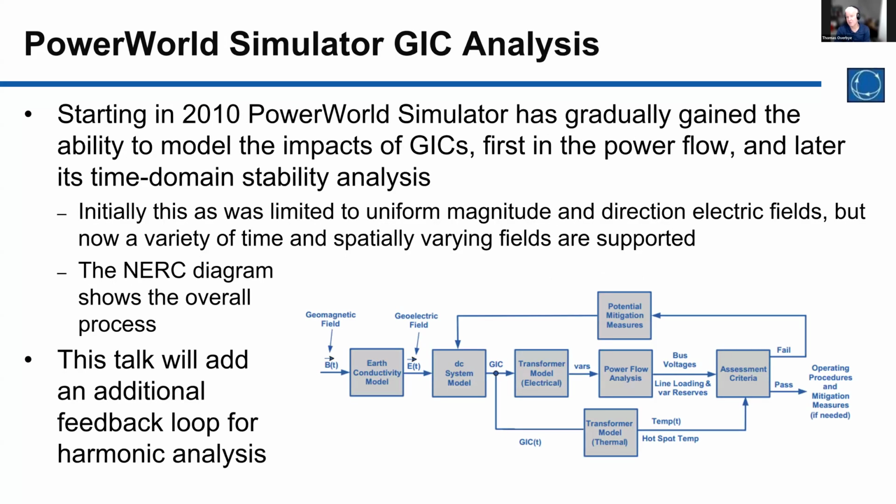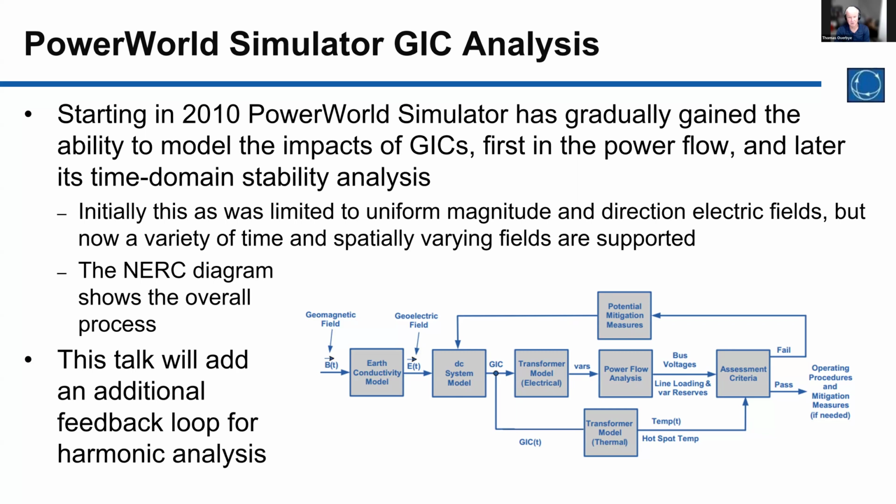Okay, so if you're familiar with GMD analysis, NERC put out a block diagram probably 10 years ago now that shows the different things that you have to do in GMD analysis, and that block diagram is still completely accurate, and actually a lot of progress has been made on that. I know there's good tools for doing transformer modeling or thermal modeling.